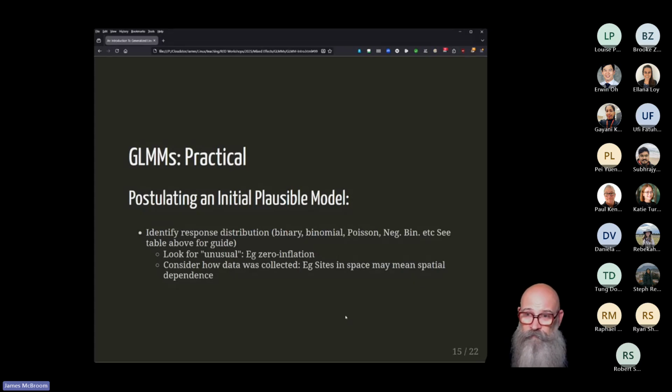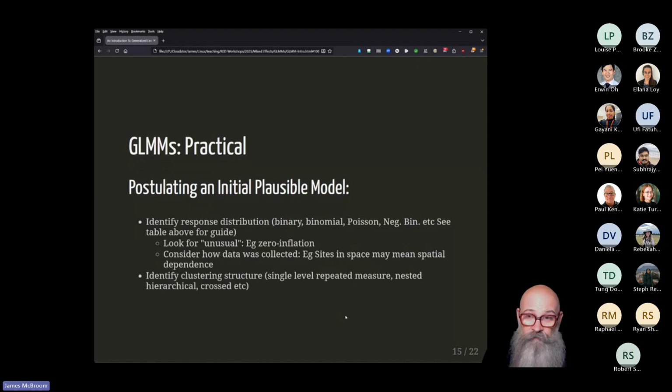Or if some of those infants were from the same family, there may be familial dependency that you need to think about, right? So think about these things. Identify the clustering structure. Is it a single-level repeated measure like in the bacteria data set we looked at? Is it nested, hierarchical like in the SET or SEC example I gave you right at the beginning? Is it crossed, etc.?